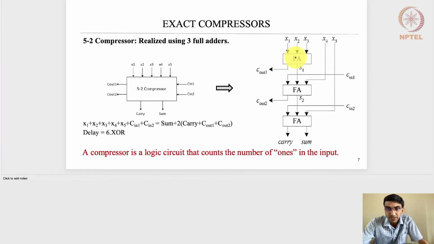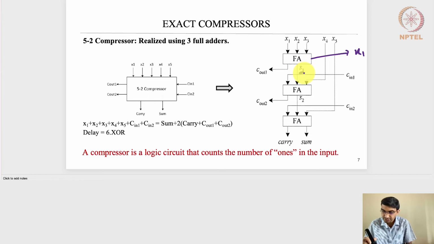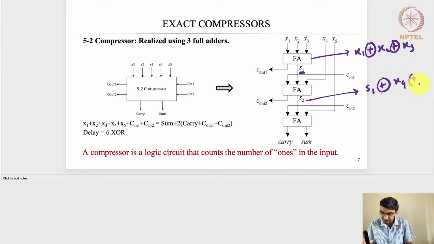Right. So if I look into the full adder circuits here, the sum can be represented as an XOR gate of x1, x2, and x3. Sum 2 can be considered as S1 XOR x4 XOR C in 1.